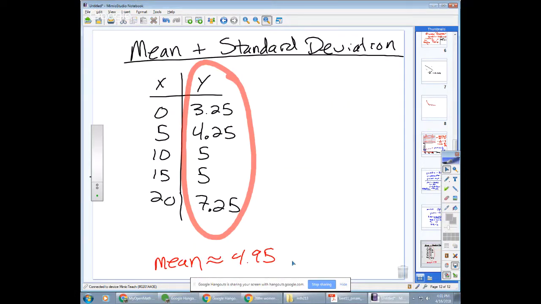So the mean often isn't actually a number in the data set. It just works out that way. I mentioned an idea the other day called deviation. And deviation is just distance from the mean.